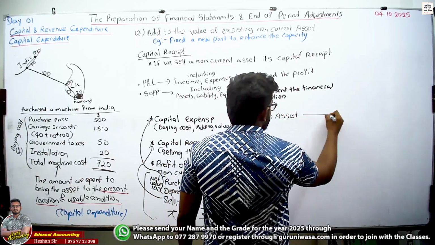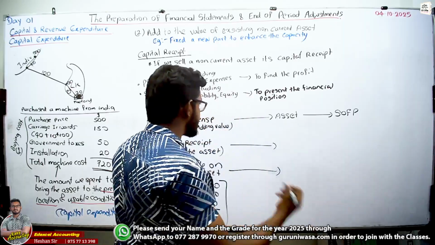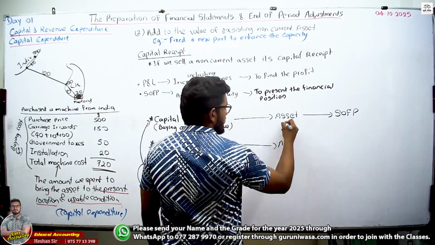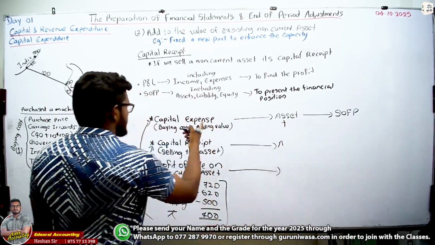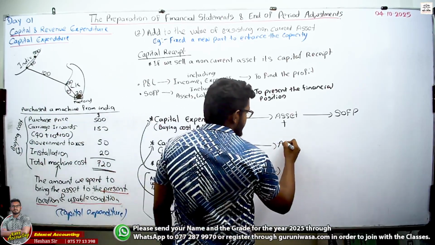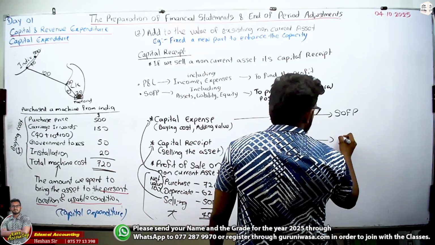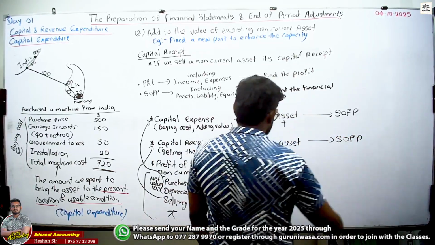If it is an asset, it's included in the SFP. Capital receipt is also an asset. When we purchase, capital expense means the purchase of an asset, so assets increase. When we sell it, assets decrease. This also goes to the SFP because asset things go to the SFP.